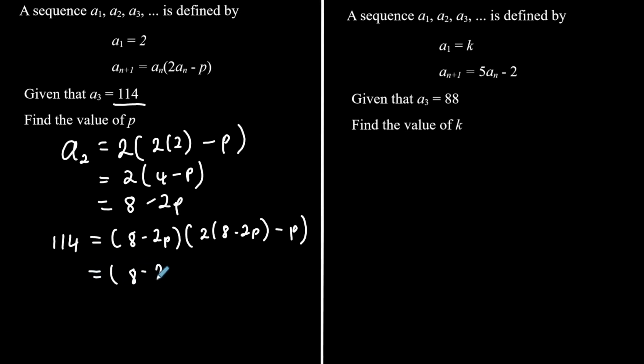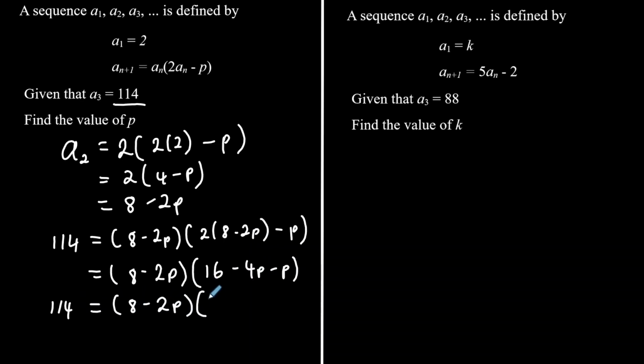So simplifying that, 2 eights are 16, 2 negative 2p's are negative 4p, and we're going to take away another p. So we've got 8 minus 2p times 16 minus 5p. Let's expand these brackets.